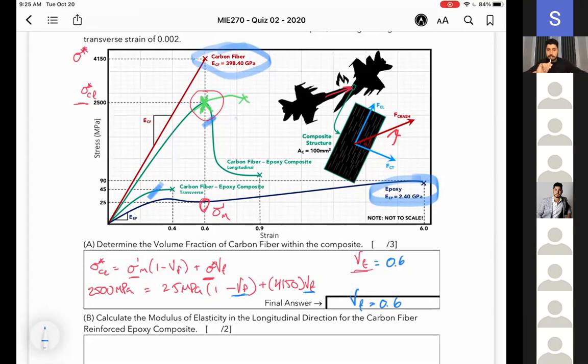All right? Okay. Does everybody understand how to do this? Are all these sigmas at the fiber failure line, right? Yes. Yes.